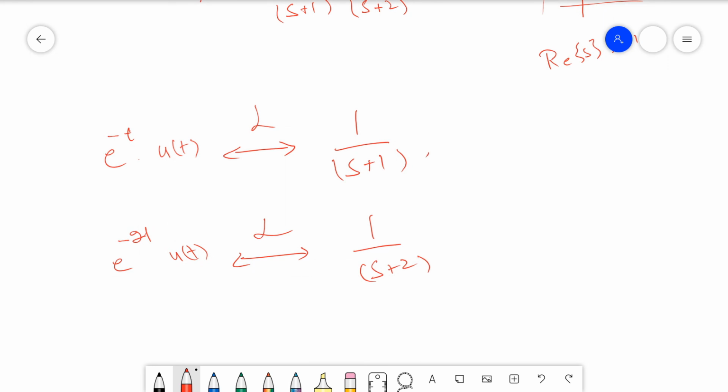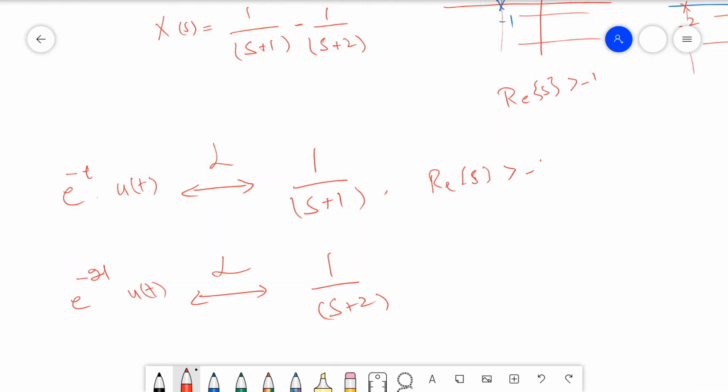And we can write the region of convergence of each term here as well. The region of convergence for the first term was real part of s greater than -1, and for this term it was greater than -2.